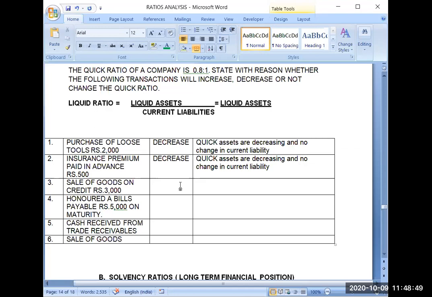So that's why your debtors are increasing. That means your numerator is increasing. Your liquid assets are increasing. But again, there is no change in the current liability. So because your numerator is increasing, your ratio will increase. The reason will be quick assets are increasing and no change in current liability.